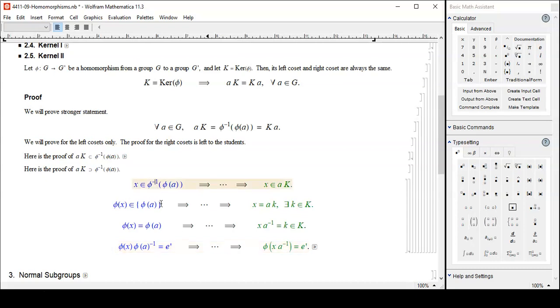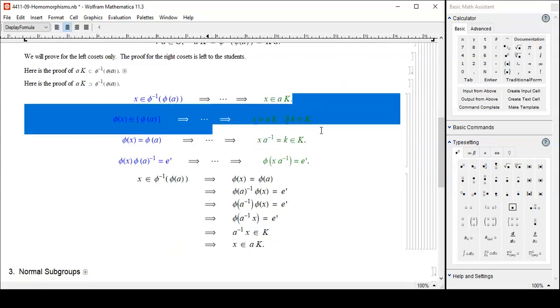Look at this blue, this blue, this blue, and we got that. And this green, this green, this green, this green, and yeah, we're gonna get to the conclusion. And from this blue to this green. Does it work? Can you just use the property of phi as a homomorphism, slip in inverse inside, and then combine these two together? Yeah, that's basically what we are gonna do.